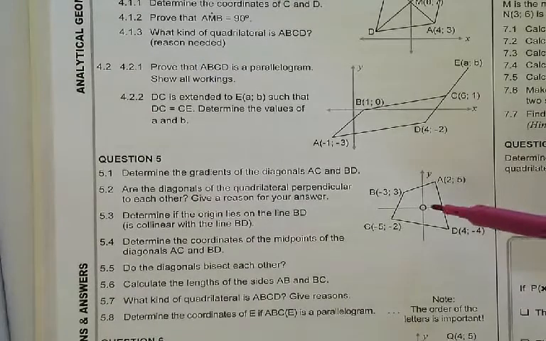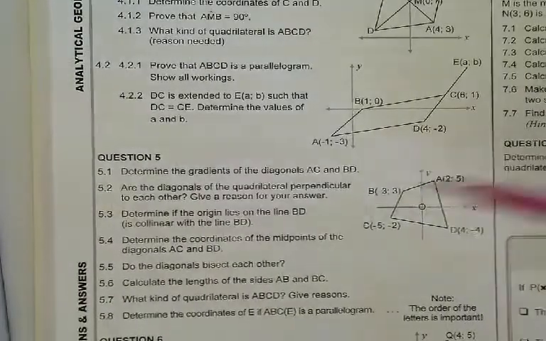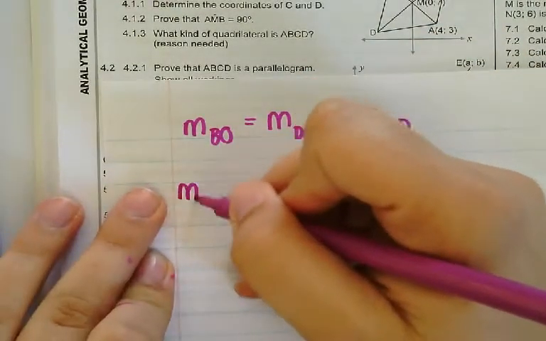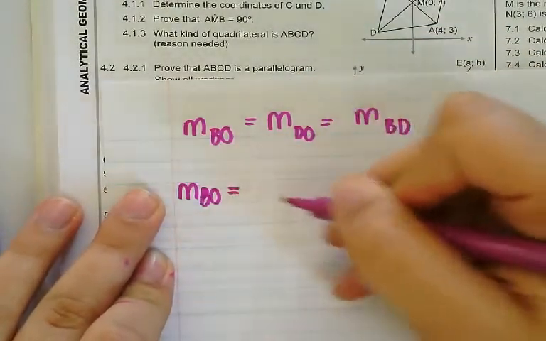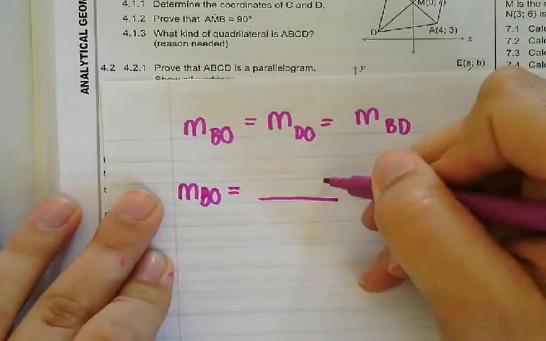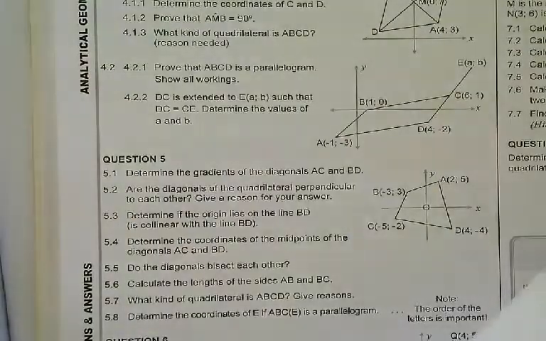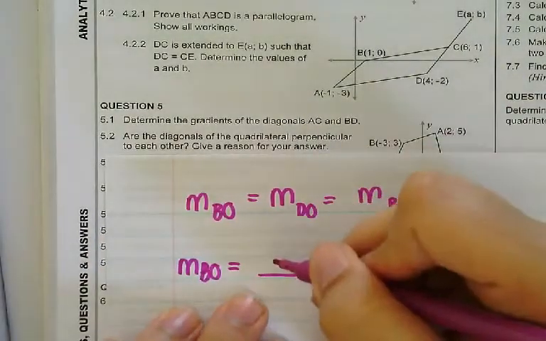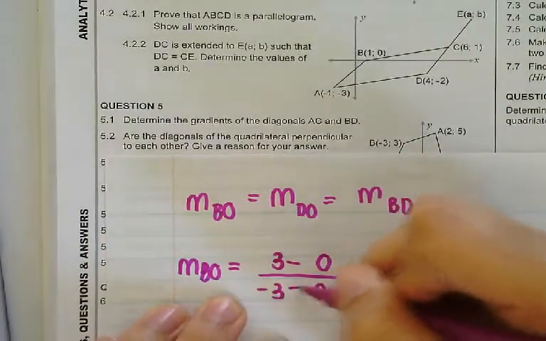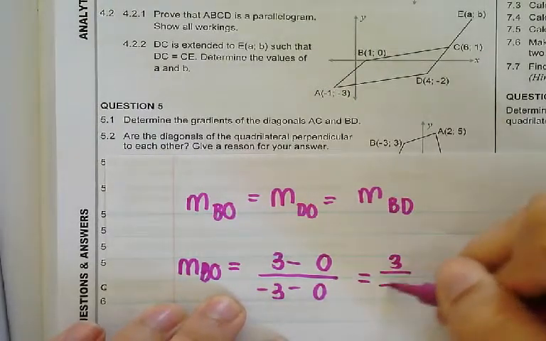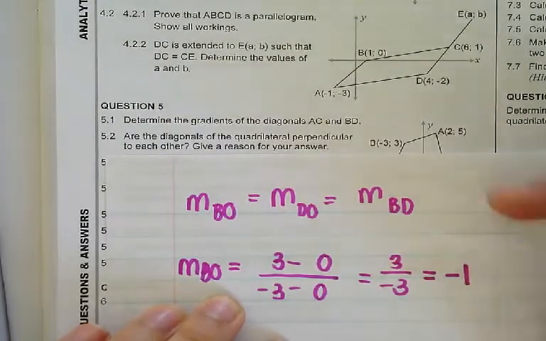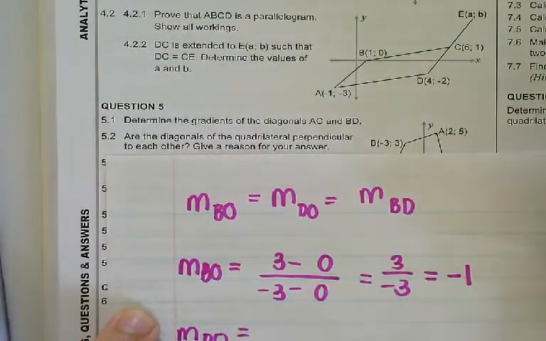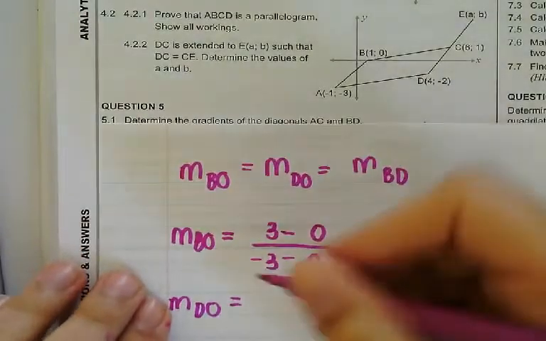So doing those gradients, the origin has an x and y of 0. B's coordinates are -3 and 3. So 3 over -3, which is -1. So far, so good. M_DO: D is 4 and -4.